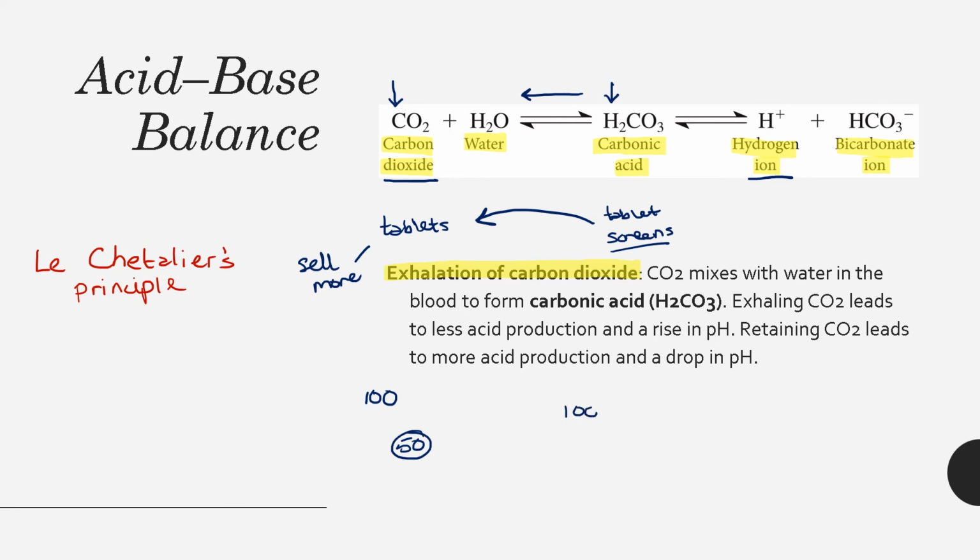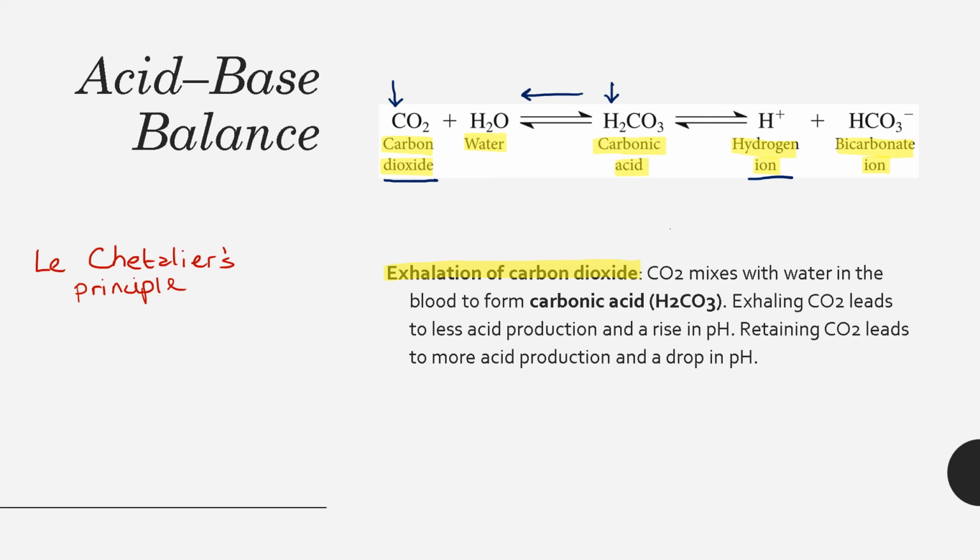And we had 100 tablet screens, but in order to replace the 50 tablets that we sold, we're going to use 50 tablet screens to produce more tablets and get us back up to 100. So we're decreasing the number of tablet screens because the number of tablets has gone down. Hopefully that little example makes sense. So that's kind of what Le Chatelier's principle looks at, just in very simple, brief terms.